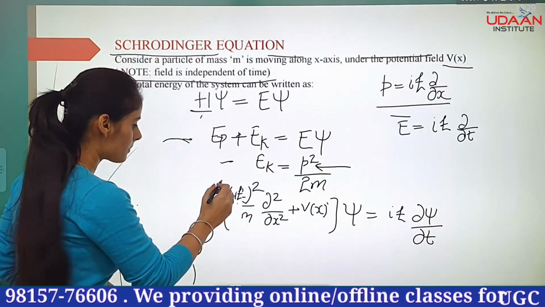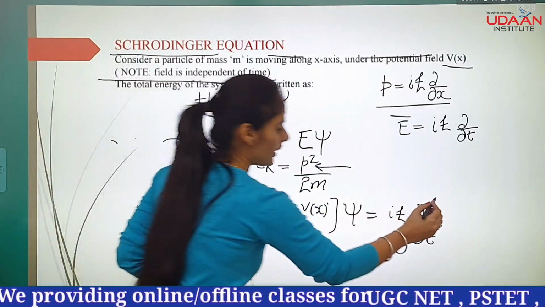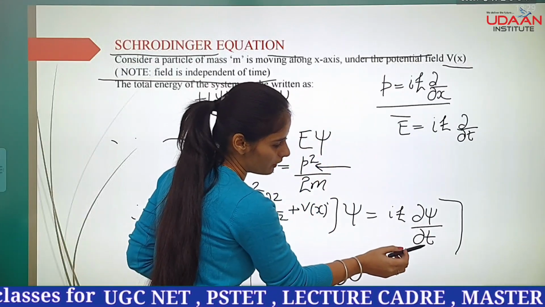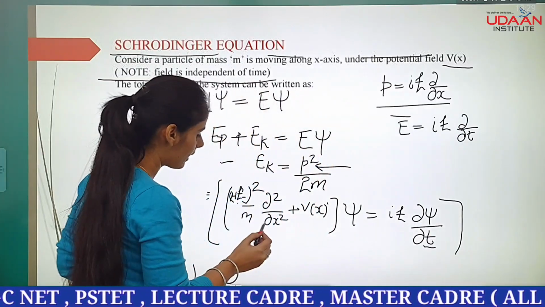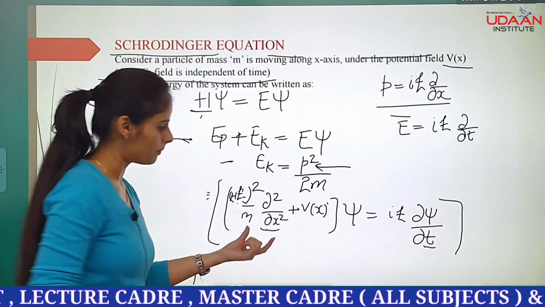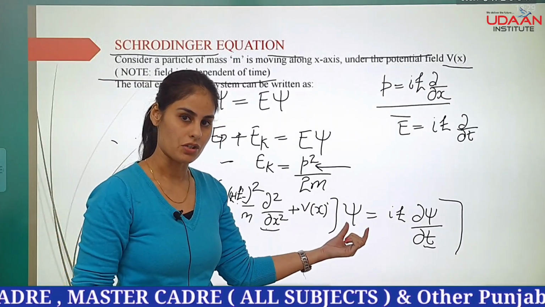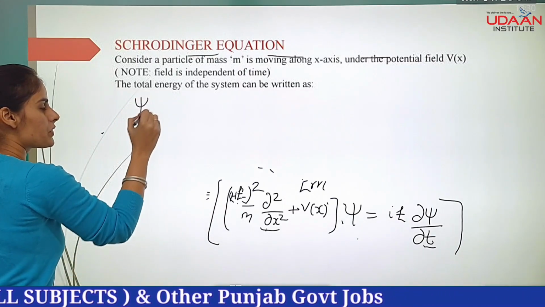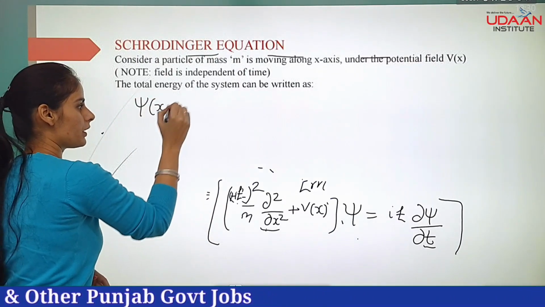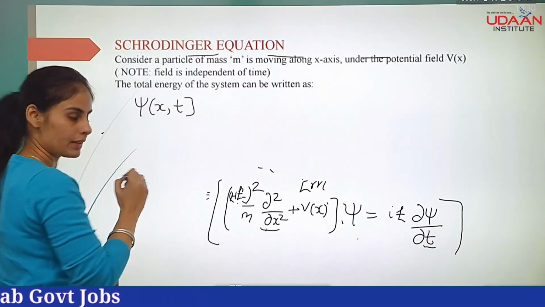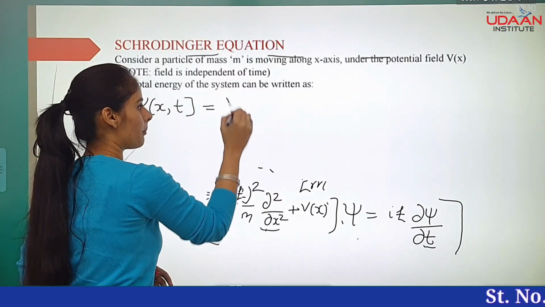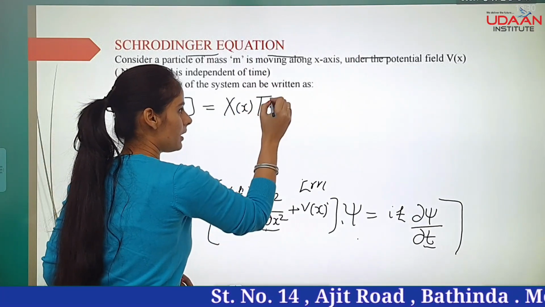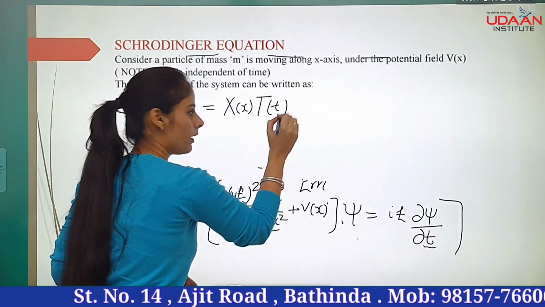So in this particular equation, we can observe that psi is differentiated with respect to t, and here we have the double derivative of the function psi. So our psi, which is a function of position and time, can be written as capital X, which is a function of x, and capital T, which is a function of time.